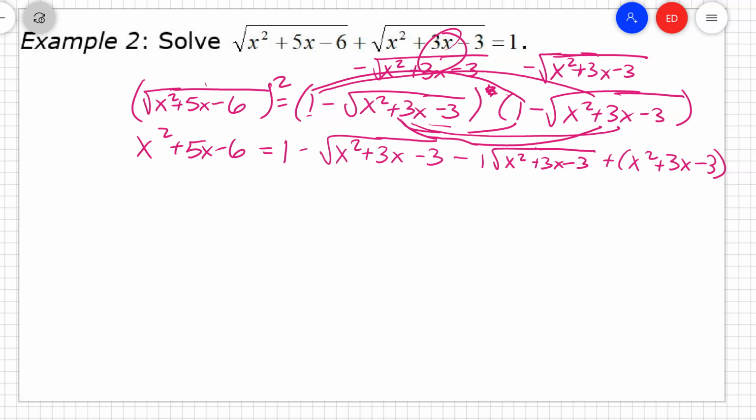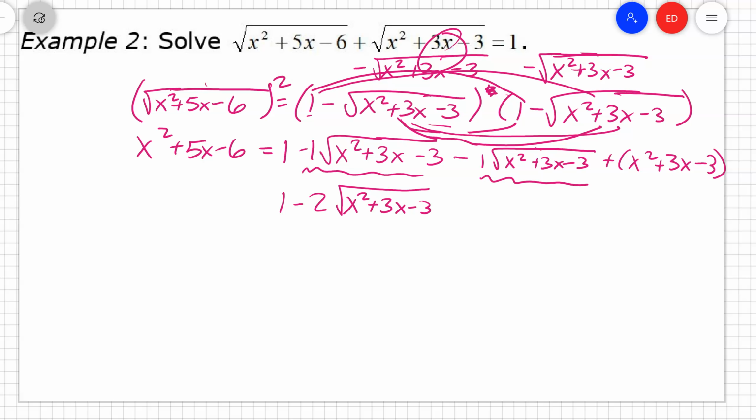So what we're going to do now is this and this, these are common, or like terms. So we're going to take the coefficient in front, minus 1, minus 1. That would just give us minus 2, but keep the radical on the inside.